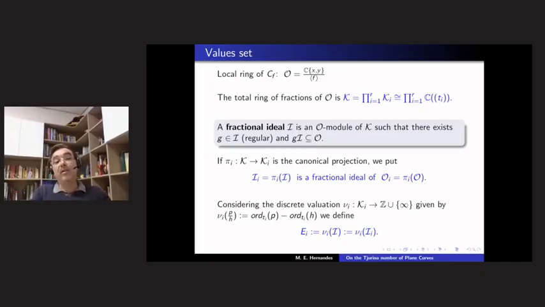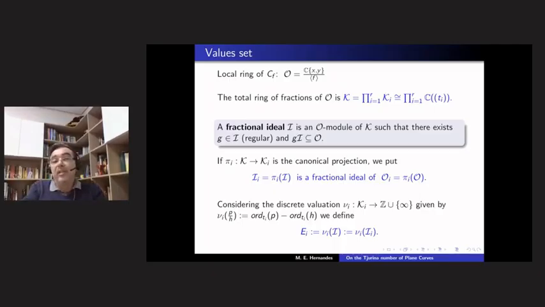And in this talk, a fractional ideal I is an O-module of the total ring of fractions such that there exists a non-zero divisor g in K such that g times I is contained in O.